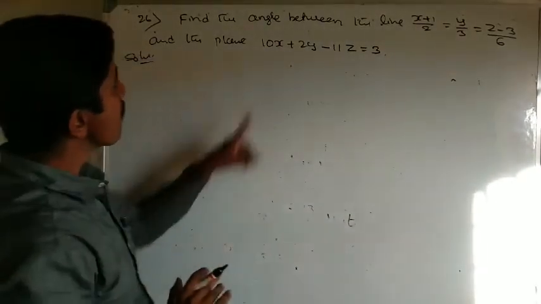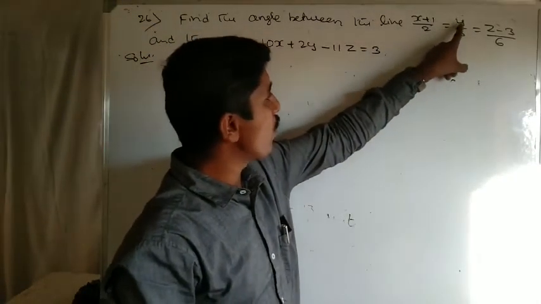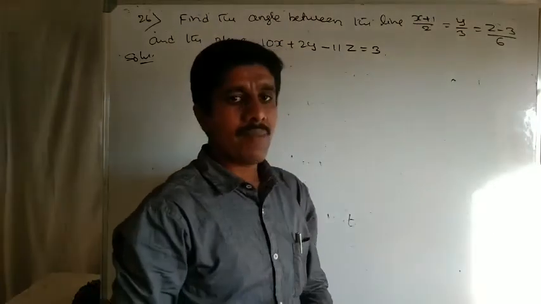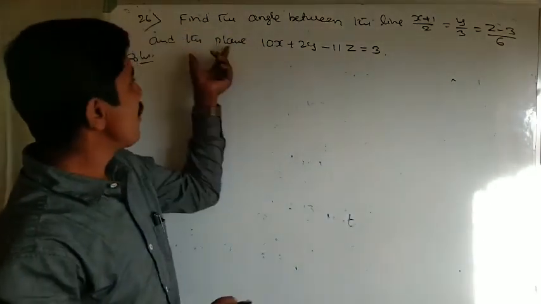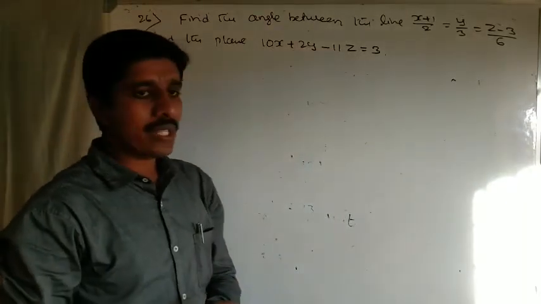Last problem. Find the angle between the line (x plus 1)/2 = y/3 = (z minus 3)/6, and the plane 10x plus 2y minus 11z = 3.